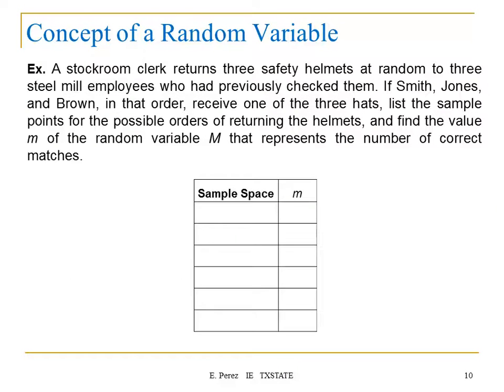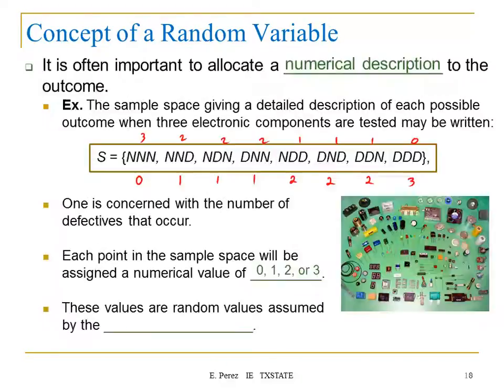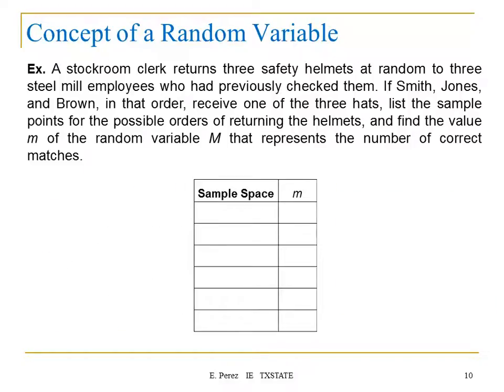This is another example. Here we have a stockroom clerk who returns 3 safety helmets at random to 3 steel mill employees who had previously checked them. The last names of these employees are Smith, Jones, and Brown, in that order. Each receives one of the 3 hats.